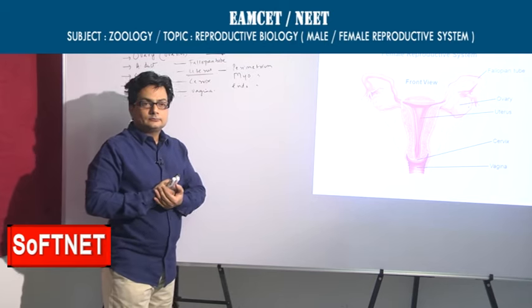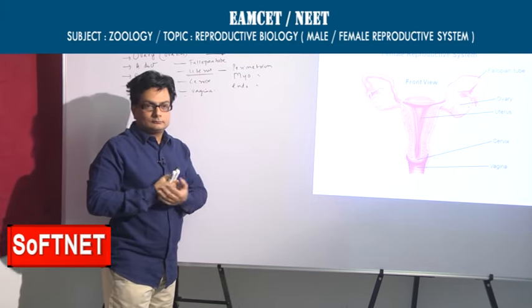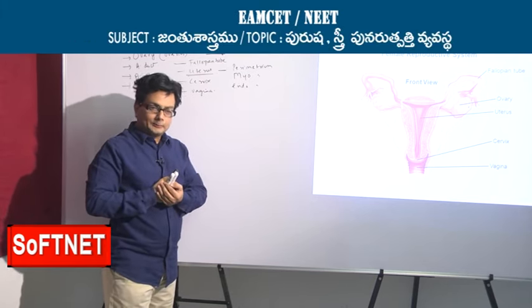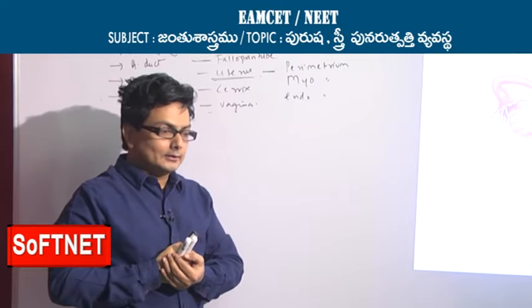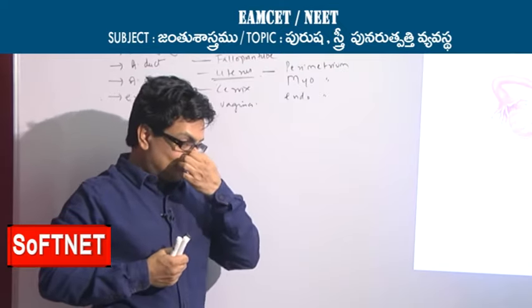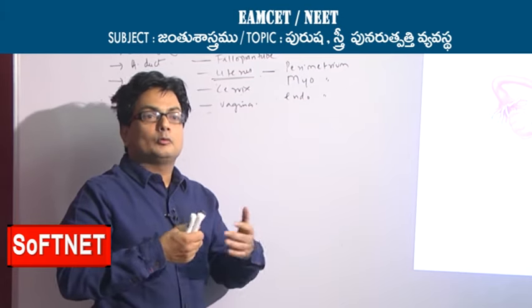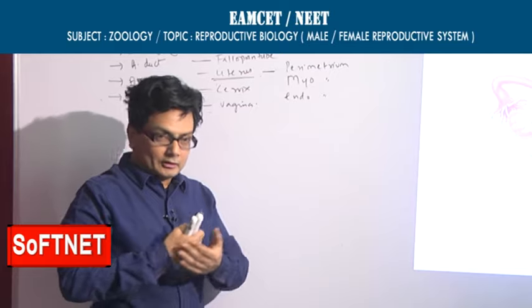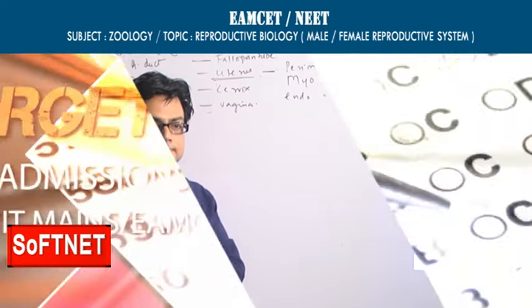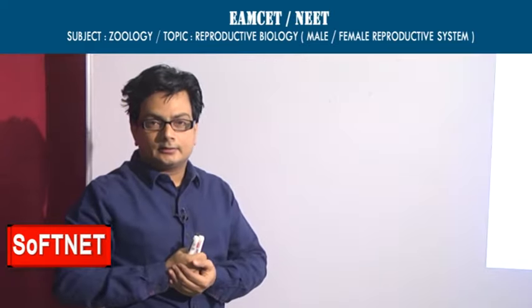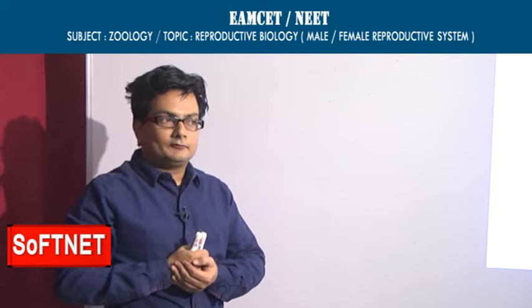Vagina is certainly lined by stratified compound epithelium, and into which the semen is discharged. And vagina opens out to the vaginal orifice. The external genitalia of a female.